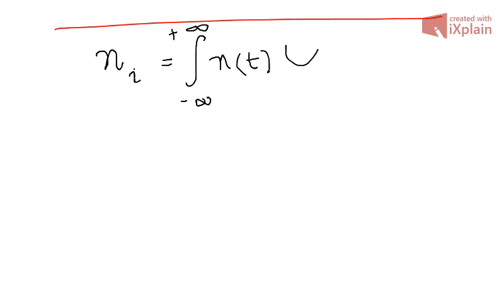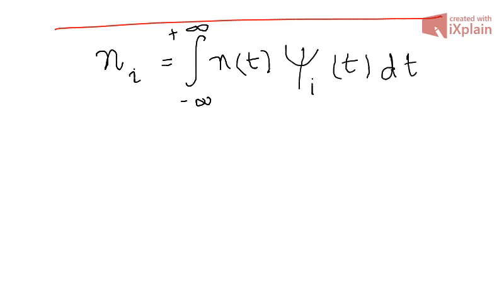Generally, the component of noise in the direction of the ith basis function is just the dot product of the noise signal with the ith basis function.